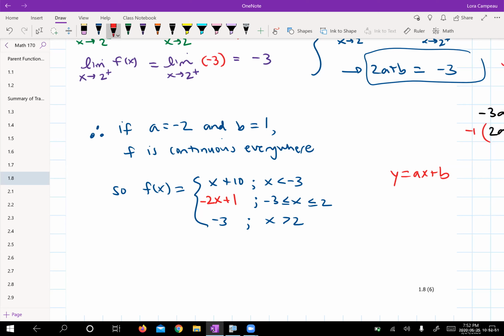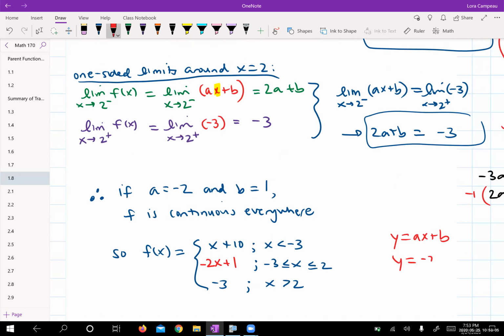Now, don't just be satisfied with the fact that you got a really pretty answer. Let's make sure this is consistent with what we thought. Go back to the quick sketch that we drew to interpret; remember, we're looking at y equals -2x plus 1, a line with a negative slope.